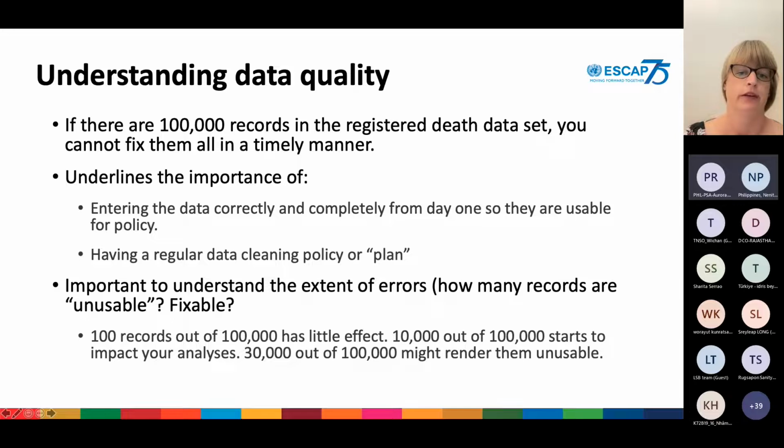This underlines the importance of collecting data correctly and completely the first time, so that it's usable for analysis and can inform policy, and of having a regular data cleaning policy or plan. Because it's administrative data, that may not always be in place.